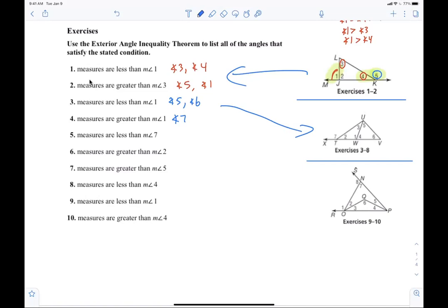Now, what's the problem here? There are just overlapping triangles, correct? So you just have to be careful with what you're looking at. Anybody have any problems? Olivia, tell me about the next one. Angle 1 and angle 3. I like that. Anybody else see anything different?